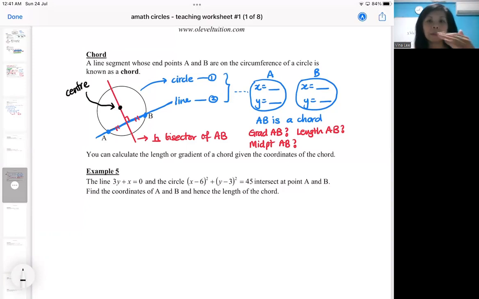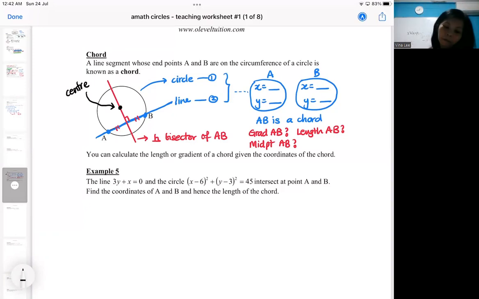The center will be sitting along the line of the perpendicular bisector of a chord. And subsequently, this will be used in some long questions. They will assume that you understand this. You must remember that the perpendicular bisector of a chord will contain the center of a circle. Anyway, you need to be able to perform simultaneous equations first.